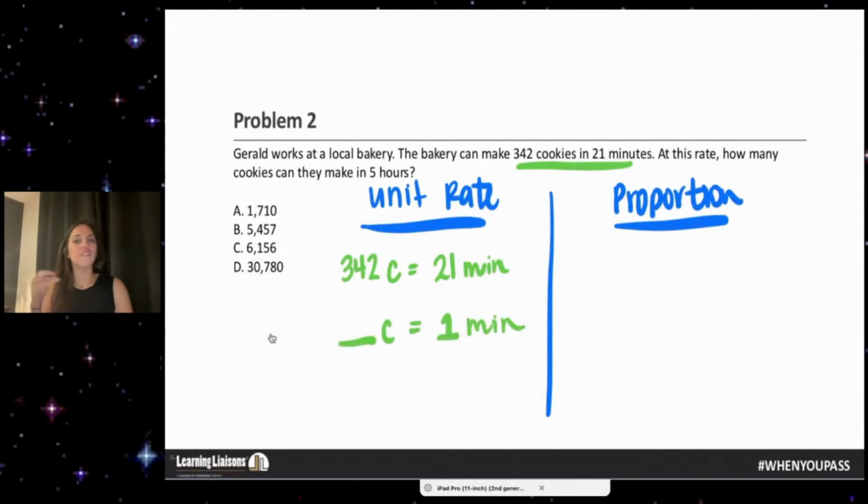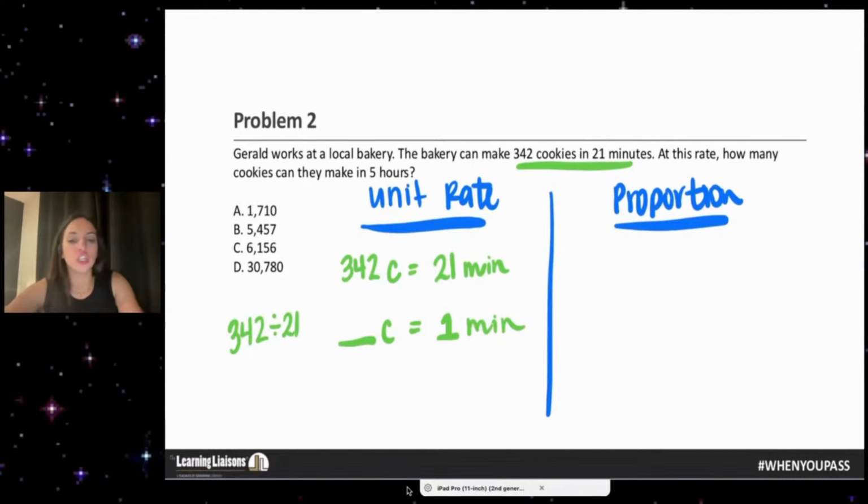Well, in order to figure that out, I would need to divide 342 by 21. Because if I do 342 divided by 21, I'm taking the 21 minutes that I have and distributing those cookies into each minute. And then I can figure out how many cookies I have per minute.